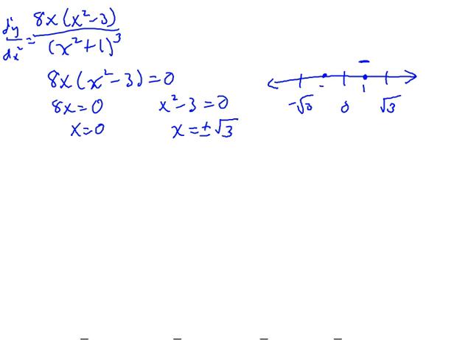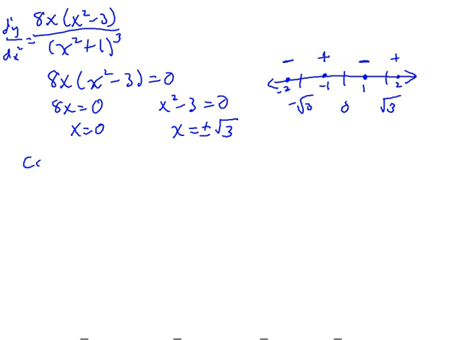If we plug in negative 1, that would be negative 8 times negative 2, so that would be positive. What if we plug in negative 2? That would be negative 16 times 1, so that would be negative. If we plug in positive 2, that'll be 16 times 1, so that'll be positive.